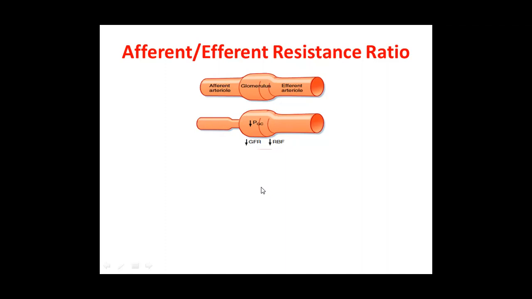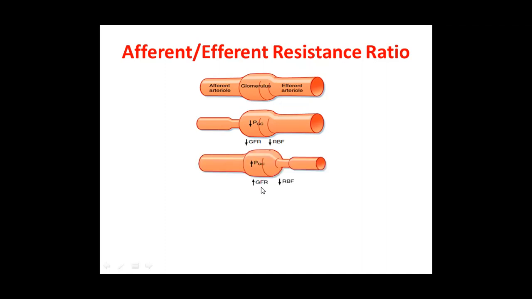I am just giving you certain illustrations, situations where the afferent-efferent resistance ratio influences glomerular function. So if the afferent-efferent resistance ratio is increased very high, then the PGC will fall, GFR will fall, and renal blood flow will also fall.